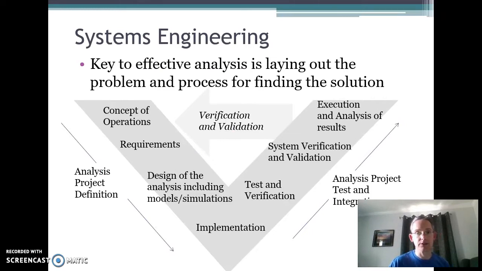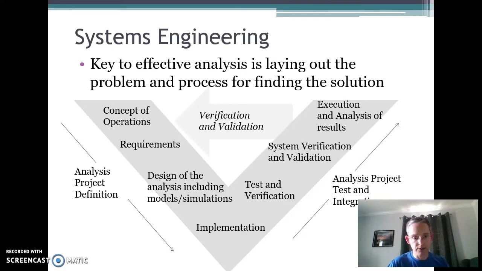Any of those analyses are going to follow more of a systems engineering approach. So you have your concept operations, or you have your problem set in the top left, however you want to define the problem, that's the top left. You decompose it, you build requirements, you build your models and simulations, you implement those with the data, then you do your test and verification of those models and simulations, system level verification and validation, and then execution and analysis of those results.